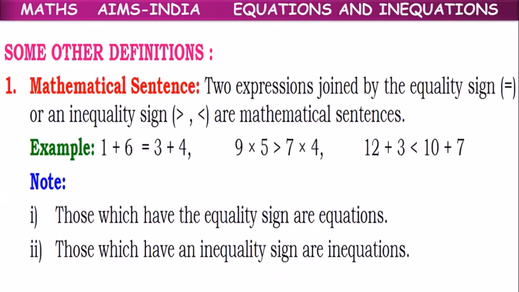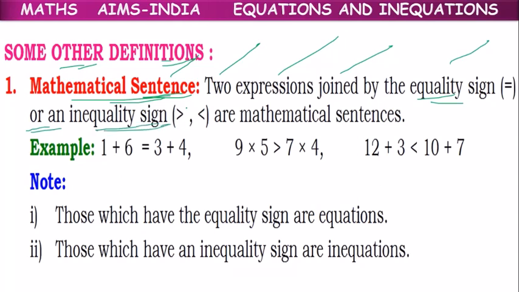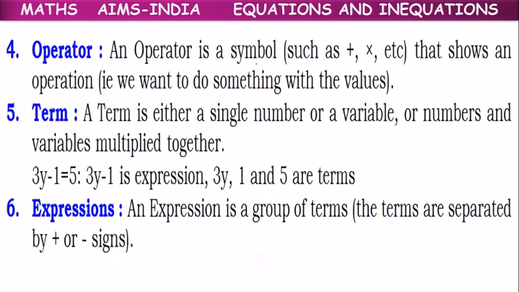Some other definitions, children. Mathematical sentence. Two expressions joined by an equality sign or an inequality sign like greater than, less than, greater than or equal to, less than or equal to, are mathematical sentences. What is an expression?